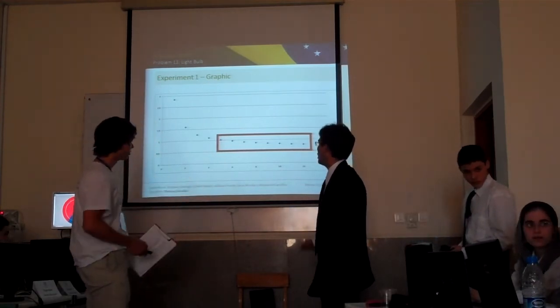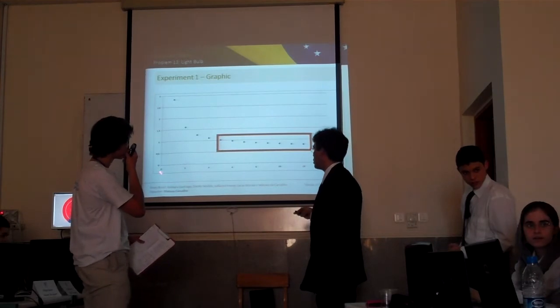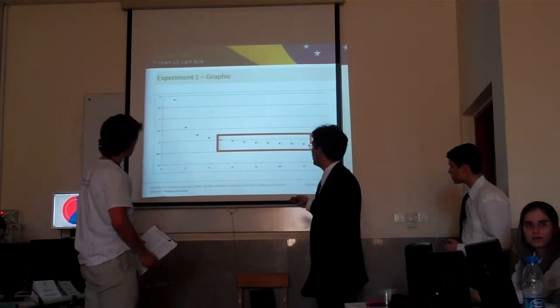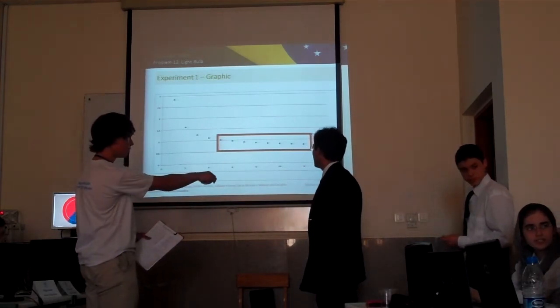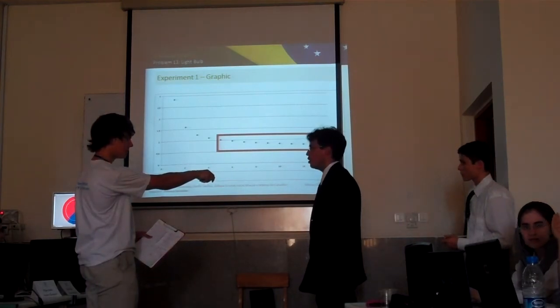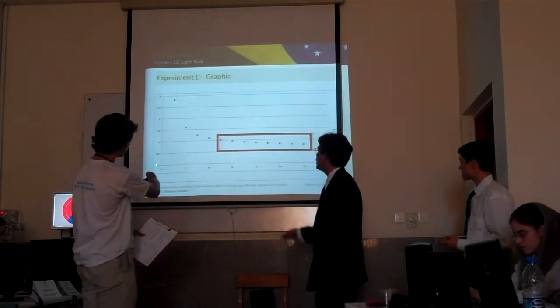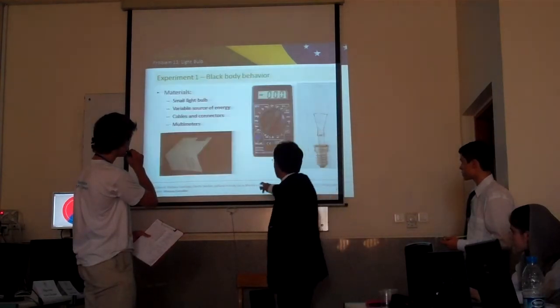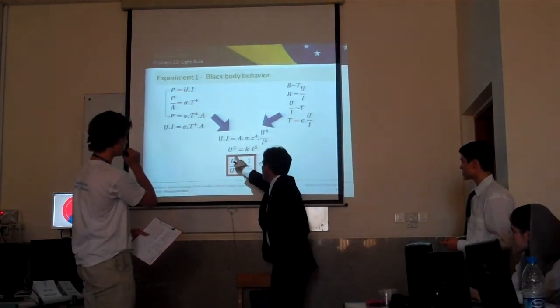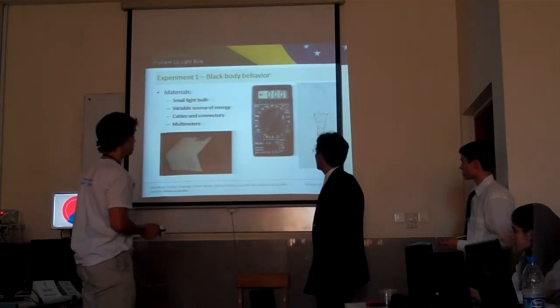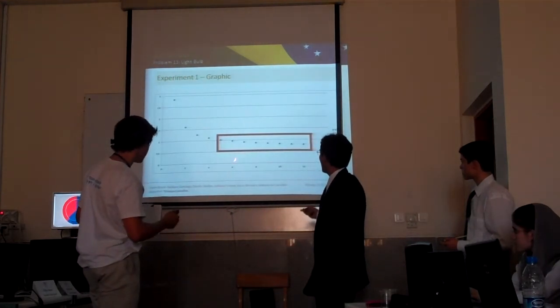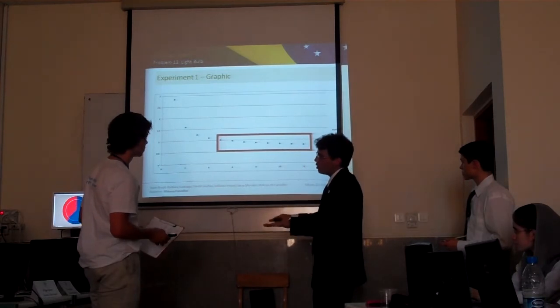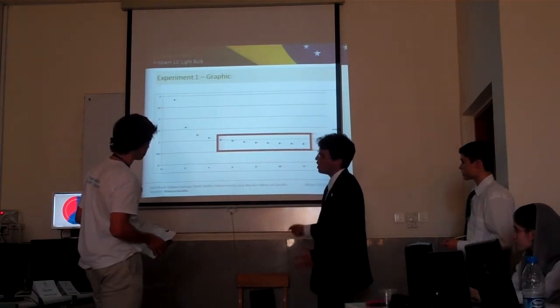Horizontal is the potential difference, and here is the ratio. I showed that it's almost constant, so it behaves like a black body.